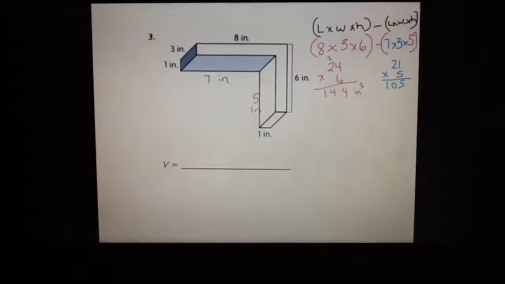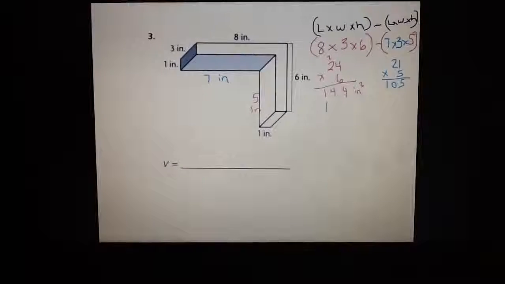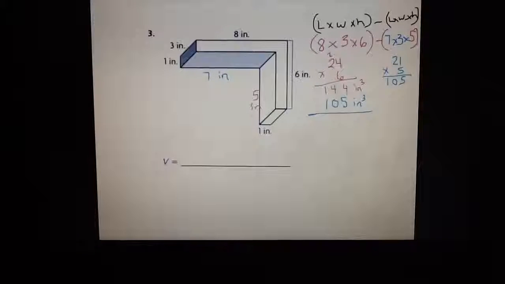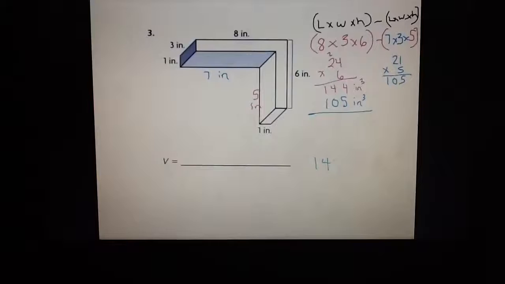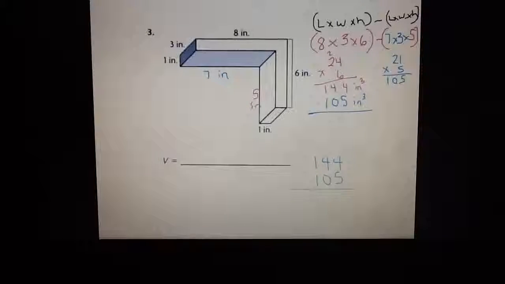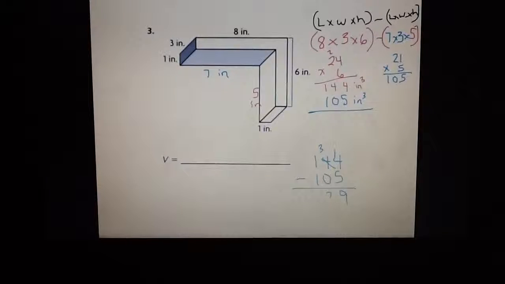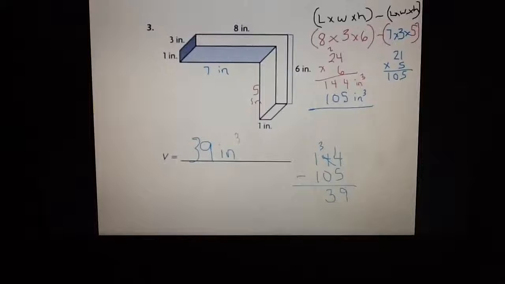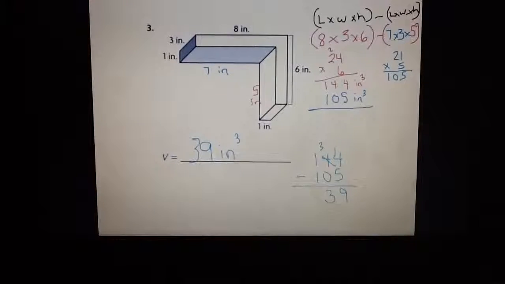So that would be 105 cubic inches. All right, so now we have 144 minus 105. When you subtract, you should have 39 cubic inches to be the volume of our complex shape.